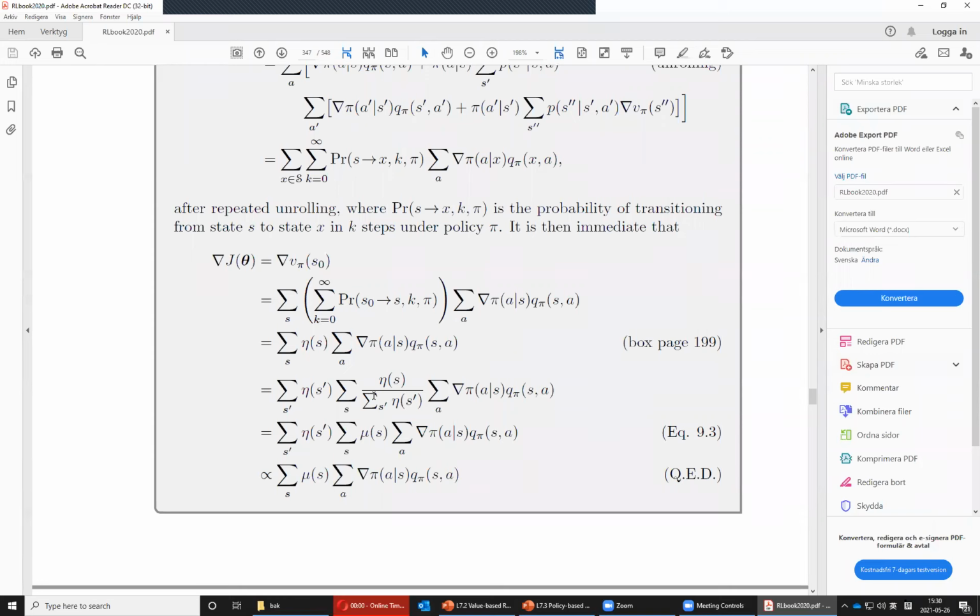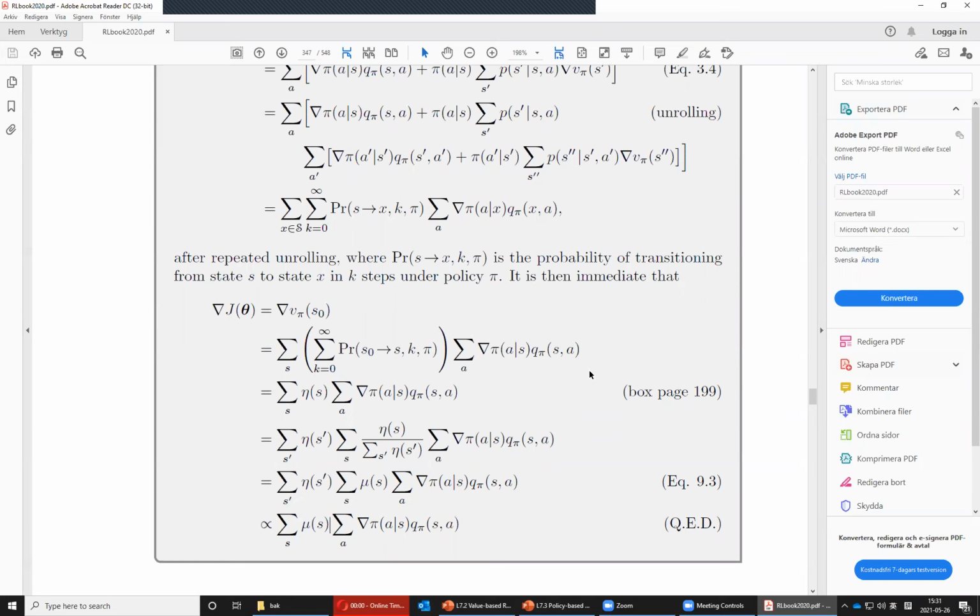Just divide by the total over all the eta to get the mu, the state distribution for all the states. So you can see that we're not throwing away any term.